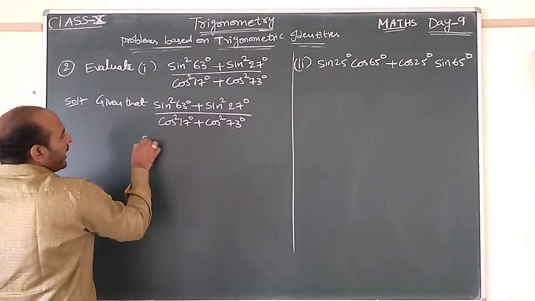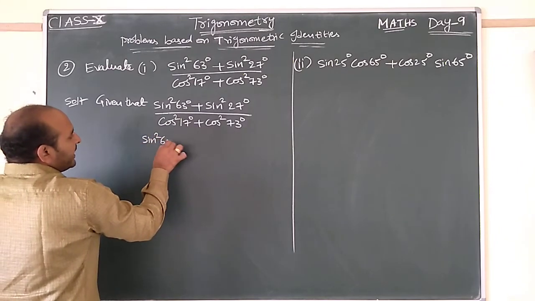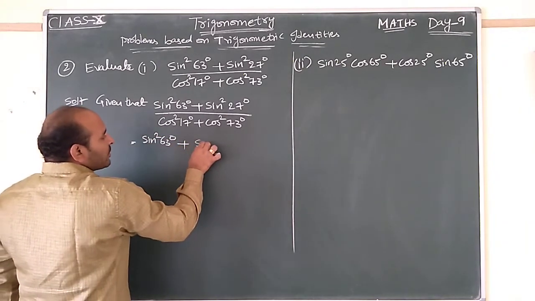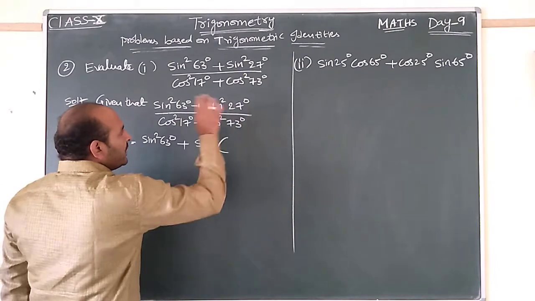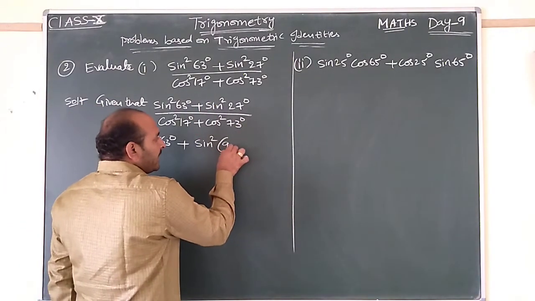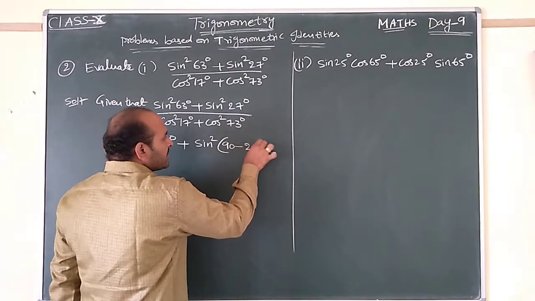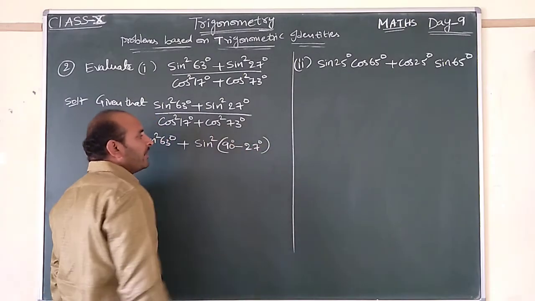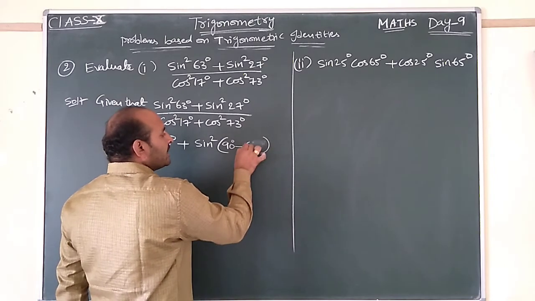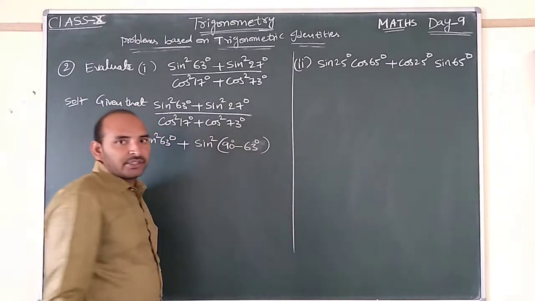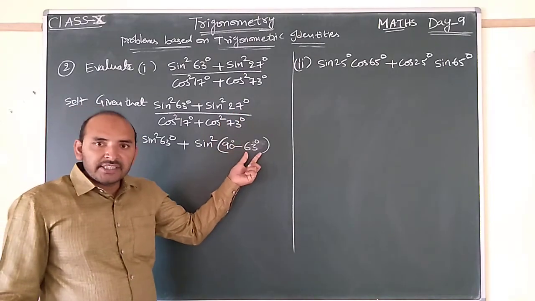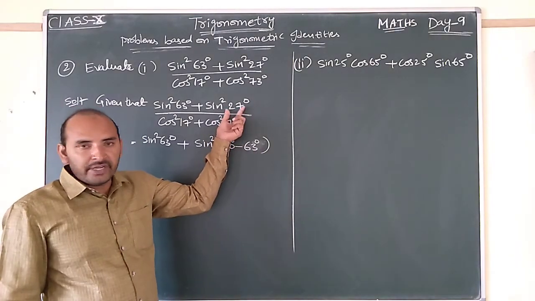sin square 63 degrees plus sin square of 27 degrees. How can you write? 90 minus 27 degrees. Sorry, 90 degrees minus 63 degrees. 27 degrees, how can you convert? 90 minus 63 is 27.